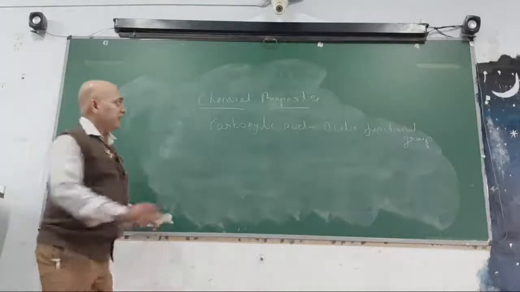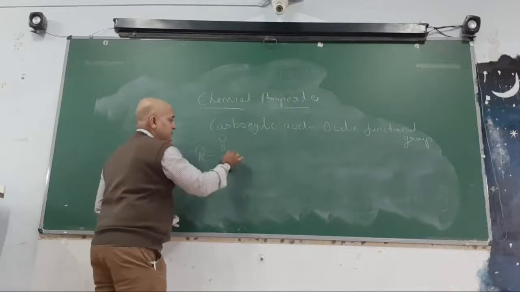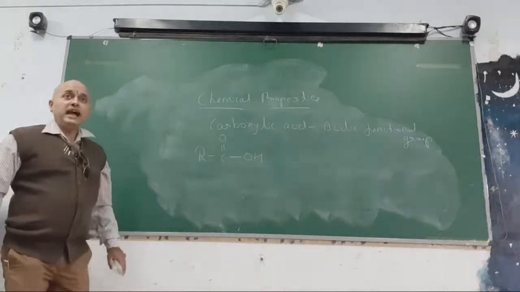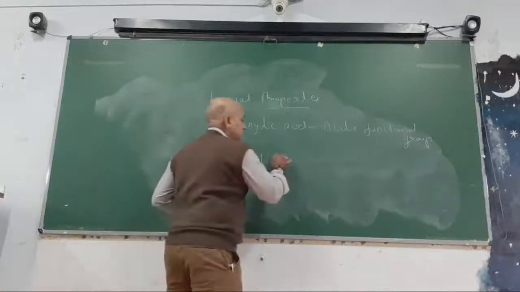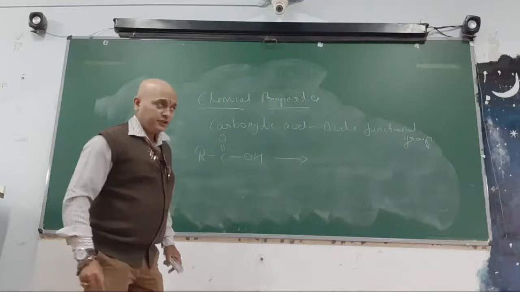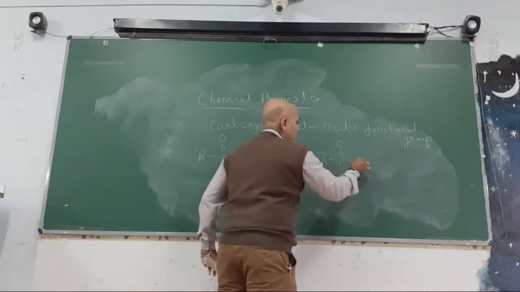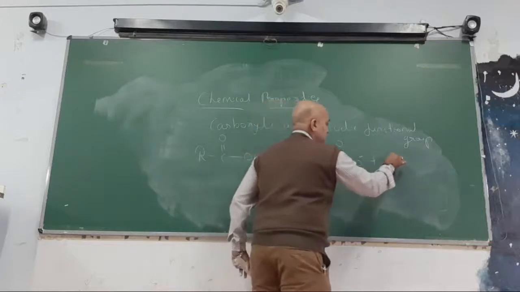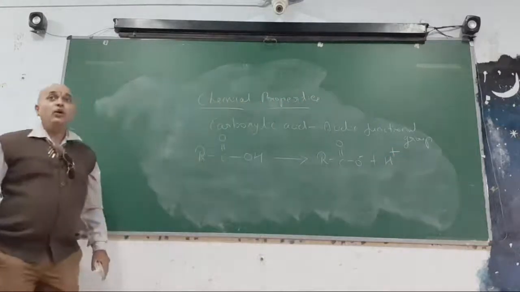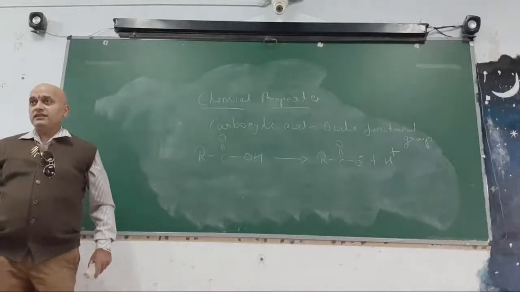So when I am talking about these carboxylic acids, as we have discussed in the earlier classes also, it will be dissociated as RCOO minus plus H plus.